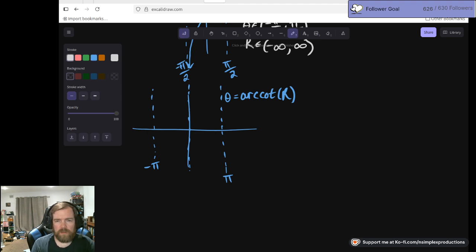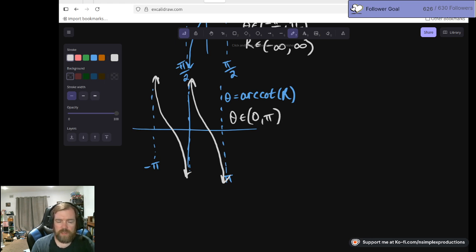Then we start with high values and then go negative. So here, in this case, theta goes from 0 to pi. We keep it on the first rotation from 0 to 2 pi, and it stays continuous on that whole rotation. And again, our radius is going to be all real numbers.